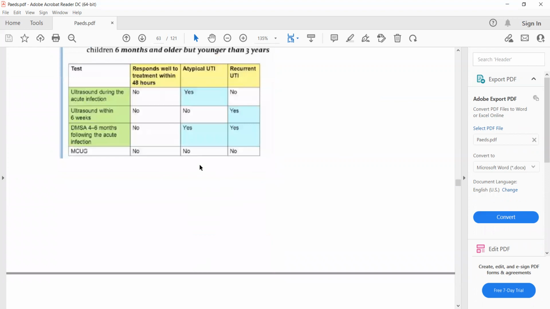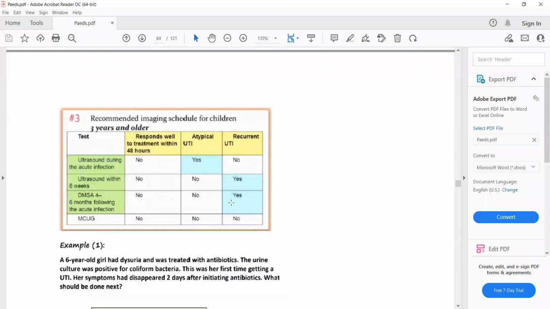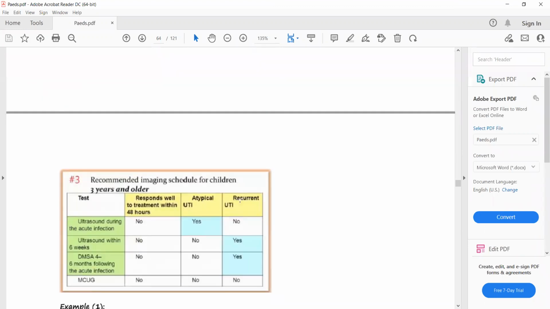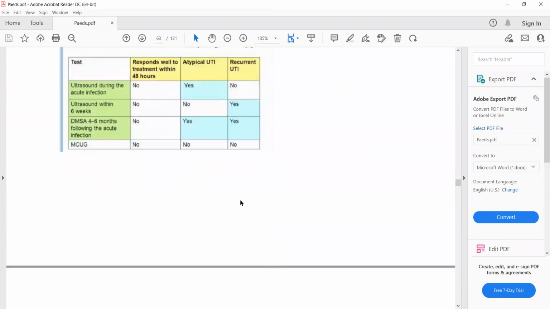And for recurrent UTIs, the schedule is the same in children who are 6 months and older and 3 years or older, that is ultrasound within 6 weeks and DMSA scan within 4 to 6 months following an acute infection. So I hope the schedule is somewhat clear to everyone.